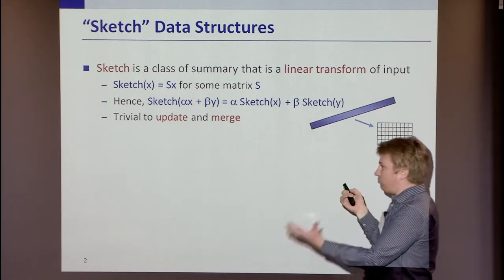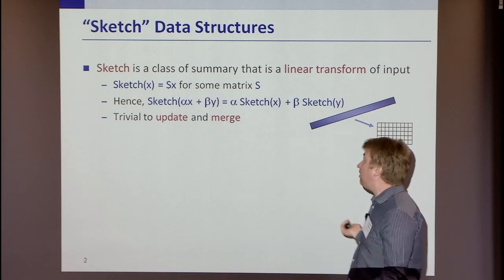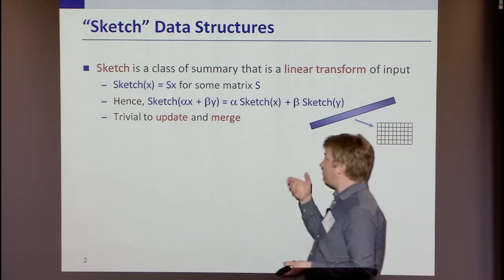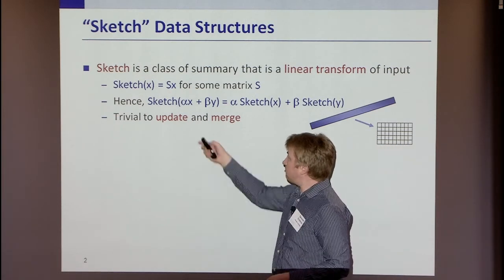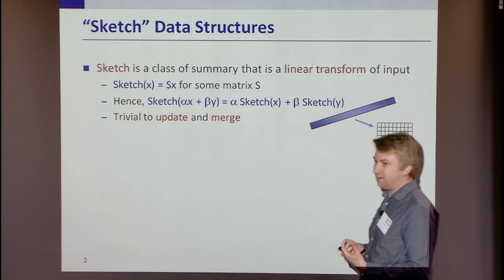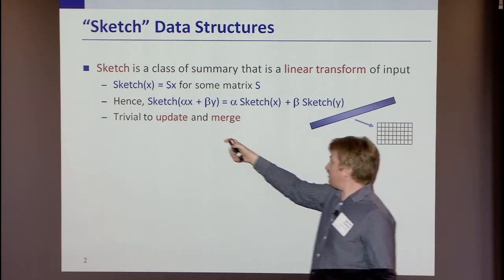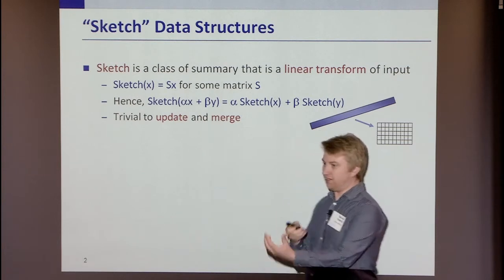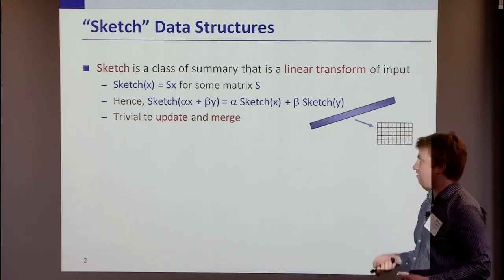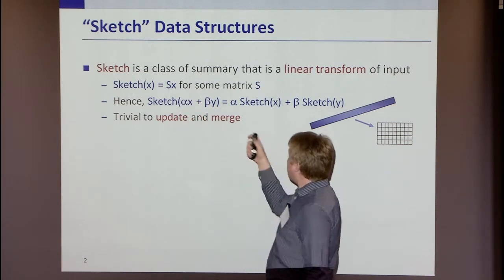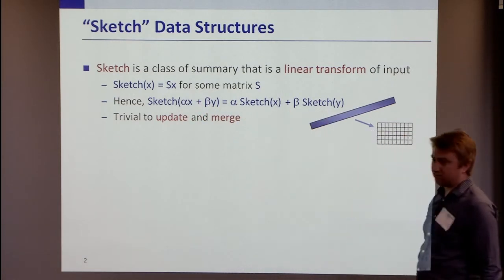Why do I want to think about this restricted class of objects? Well, a couple of reasons. One, they come with nice properties. As soon as I talk about linear transformations, I get the property that I can take two pieces of data, X and Y, combine them, scale them up, scale them down, and the sketch of a linear combination of X and Y is the corresponding linear combination of the sketches.